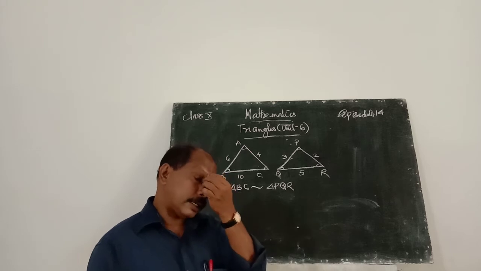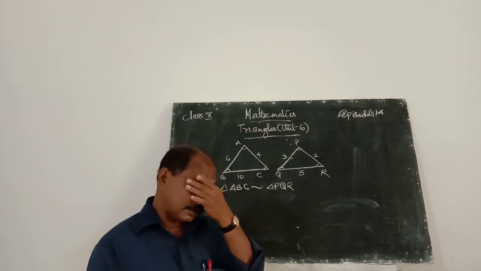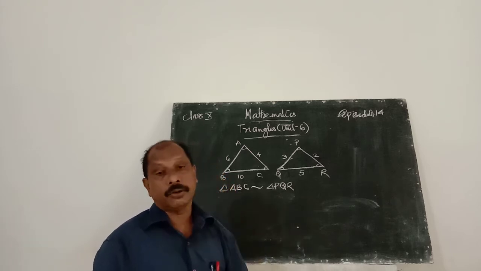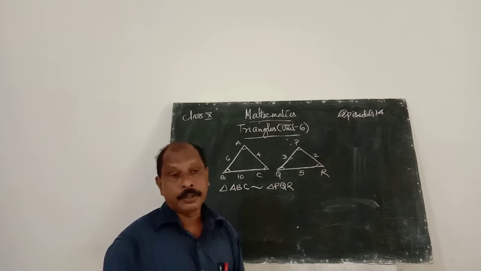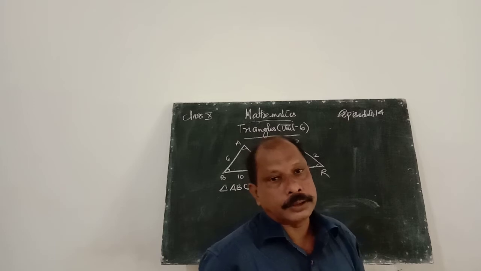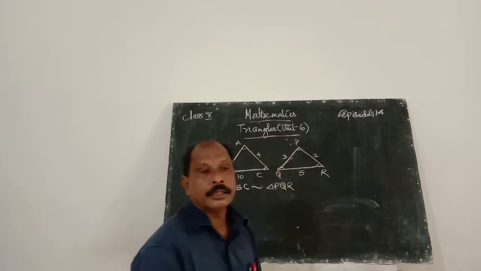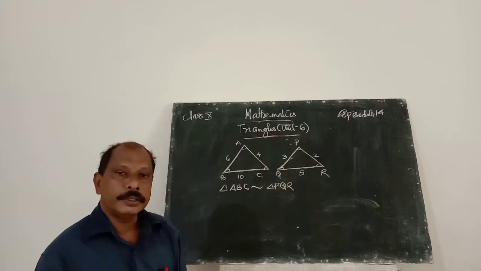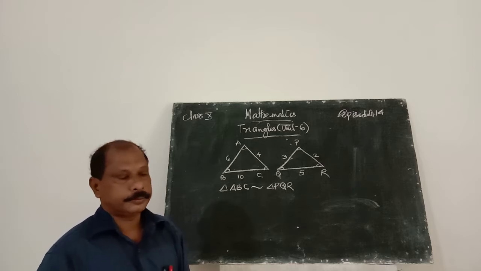There is another theorem for similar triangles. If all three sides of a triangle are proportional to the corresponding three sides of another triangle, they are always similar triangles.